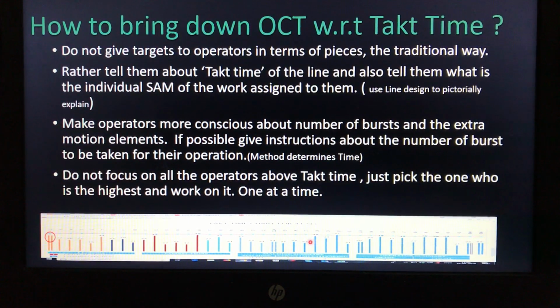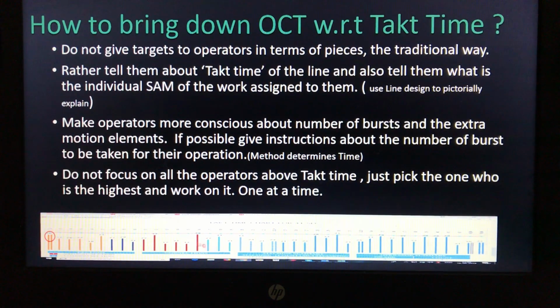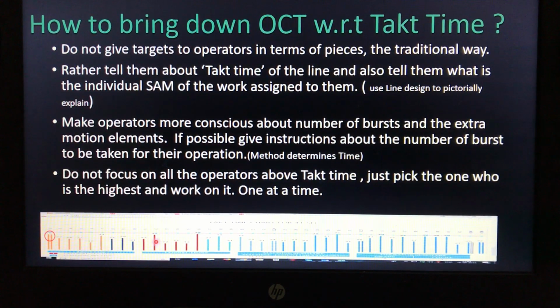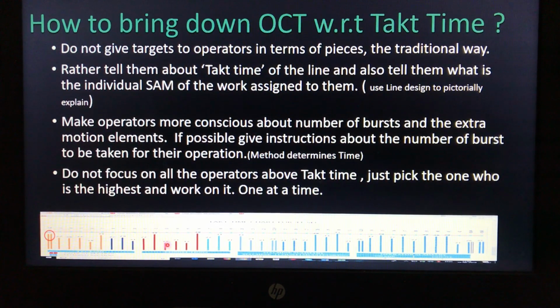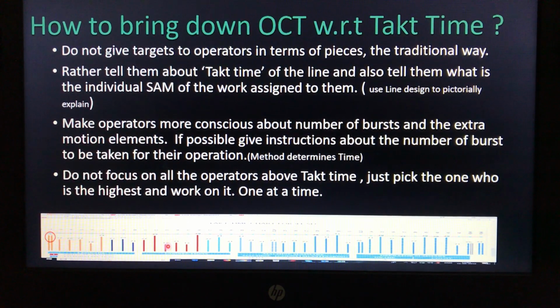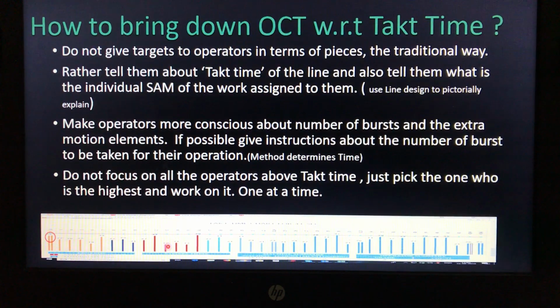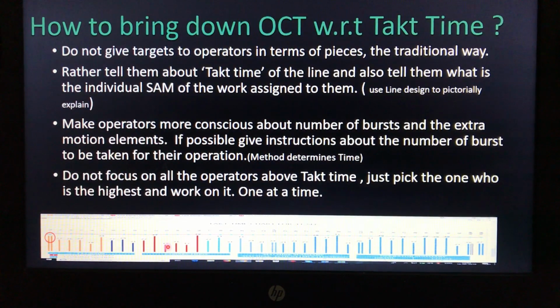Because the moment you talk about pieces, if this operator is giving 60, this operator will also give 60. So talking in terms of pieces, the entire line would say that they do what is given to them. Operators would say, I will do what you give me. If you give me 50, I will produce 50 pieces. If you give me 60, I will produce 60.